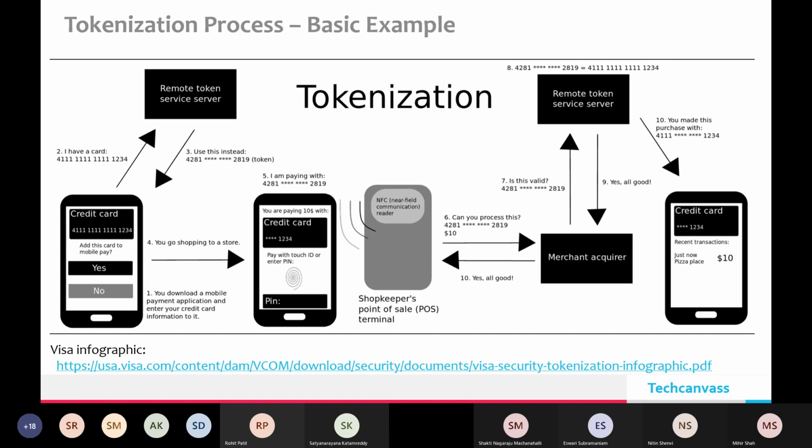In that case, since I used only my token numbers, the maximum loss I can have is only the amount I paid, and hence my card number and credentials are protected.